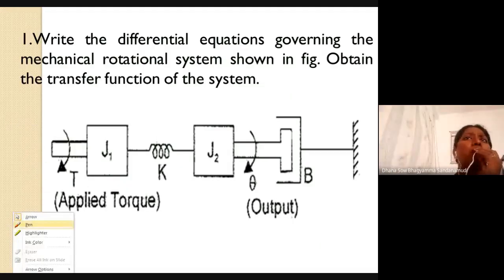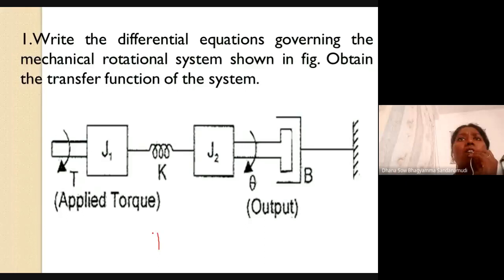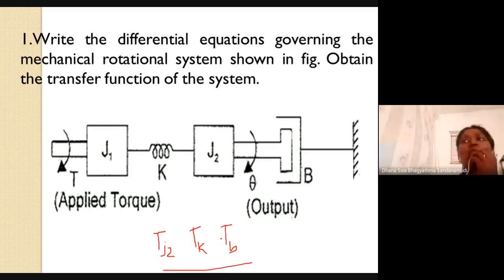Opposing torques are the torque due to moment of inertia. And another opposing torque is due to the elasticity. Another opposing torque is due to the frictional element connected to it. So at node 2, at J2, these are all the opposing torques.